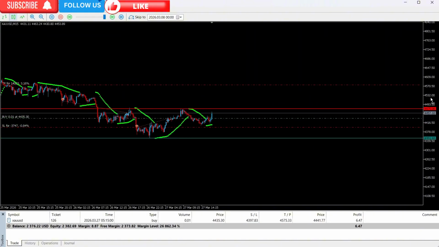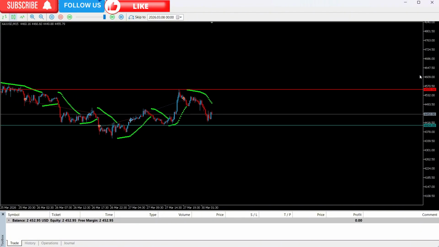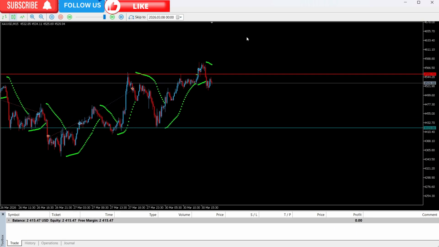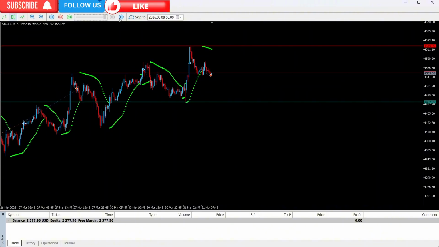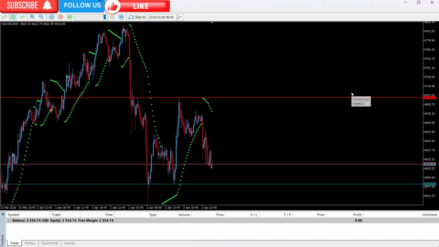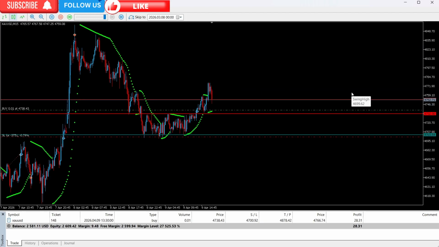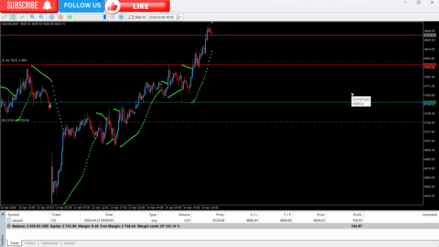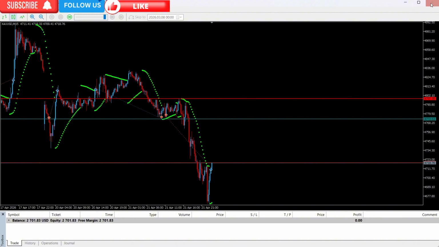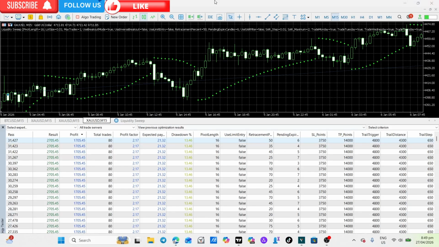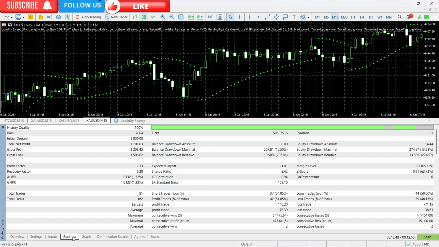You can see we're already up to $2,700 in equity. I mean, 2,400. Okay, so that's the backtest done in visual mode. Let's look at the backtest results.